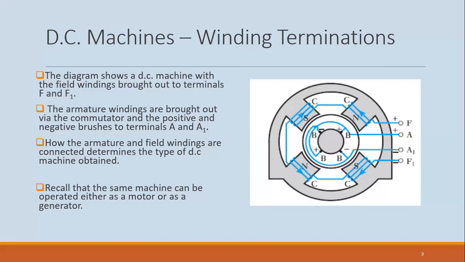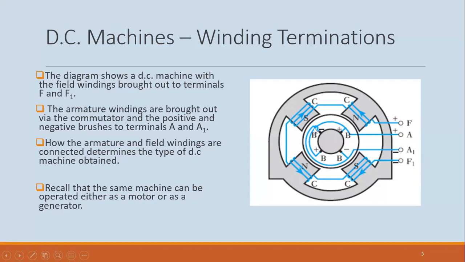All right, so the diagram is showing you how the windings are brought out of the machine. The field windings are F, a positive one, and F1, for the negative connection.